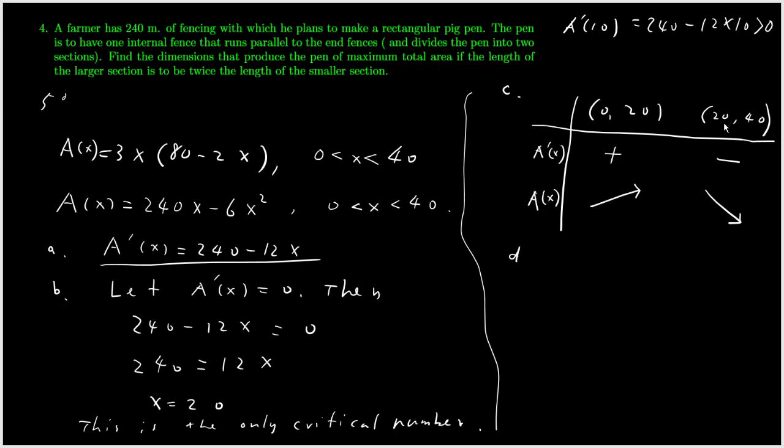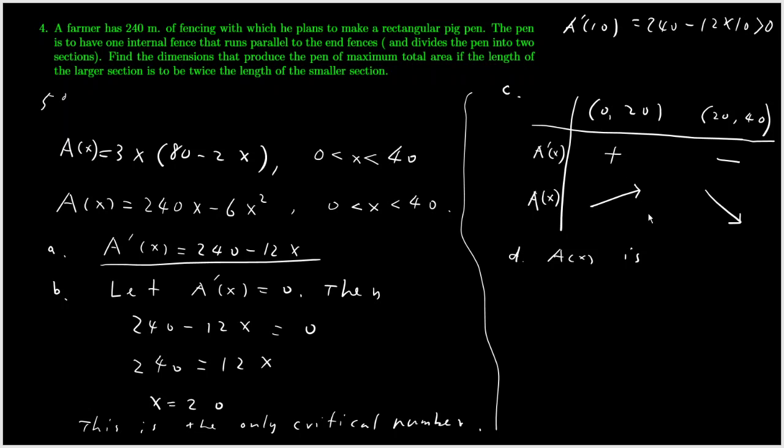Answer the question. In step D, answer the question mathematically. So what do you say? The given function a of x is maximized. Again, you are not asked for the value of the area.